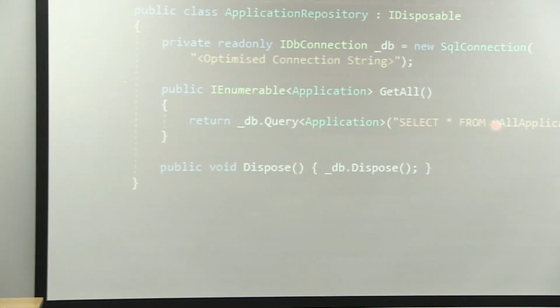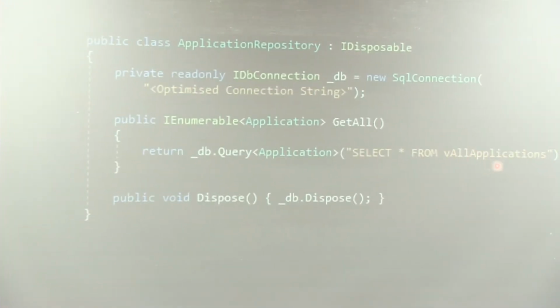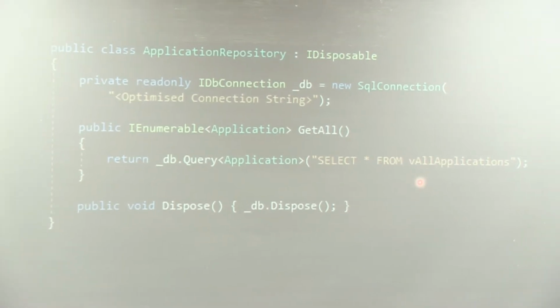This is another easy step in the process of optimizing. The only change here is that now I have a view called v all applications, and this is an indexed view. When I call that, SQL has already done some optimization so that when you read that data back, it's quicker.